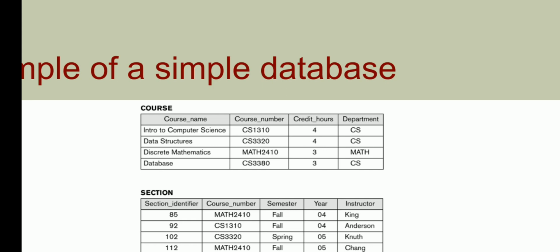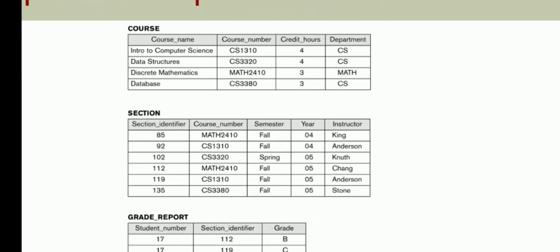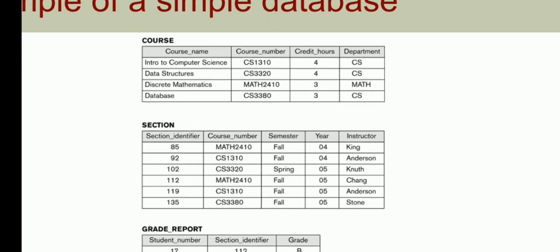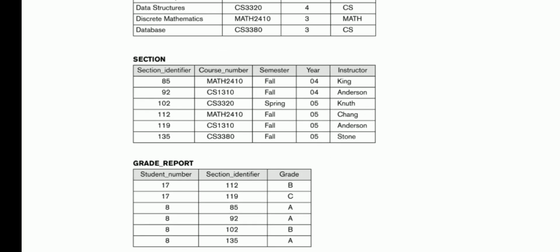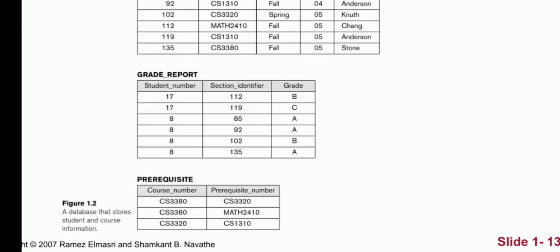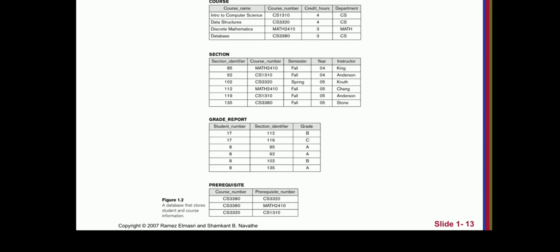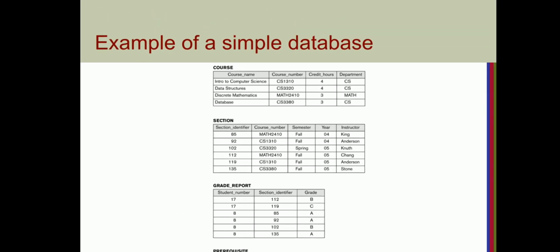Everything is a part of the course table. In the same way, we have a section, which has section identifier, course number, semester, year, and instructor. Everything is a part of this section. In the similar way, we have grade report, then prerequisite. So this is a sample simple database.